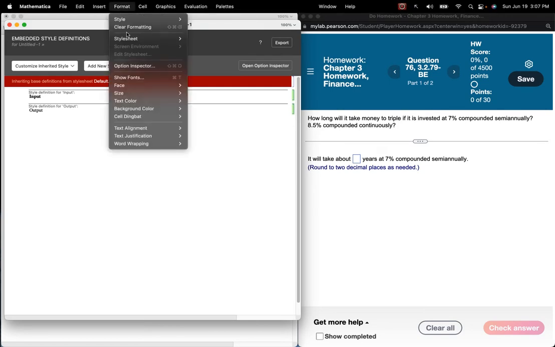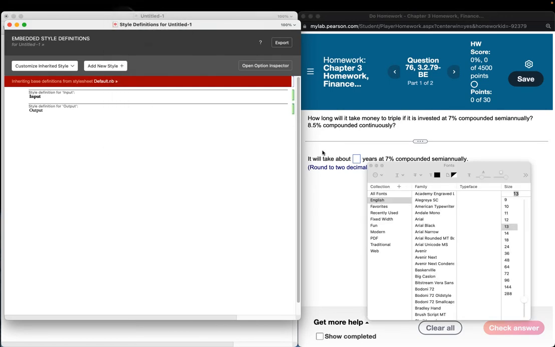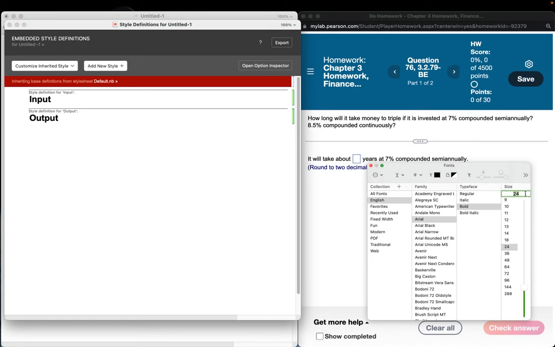So let's say format, show fonts. That looks good. And Arial, they're both bold. We could make these even just a teeny bit bigger. How about 26? Okay.